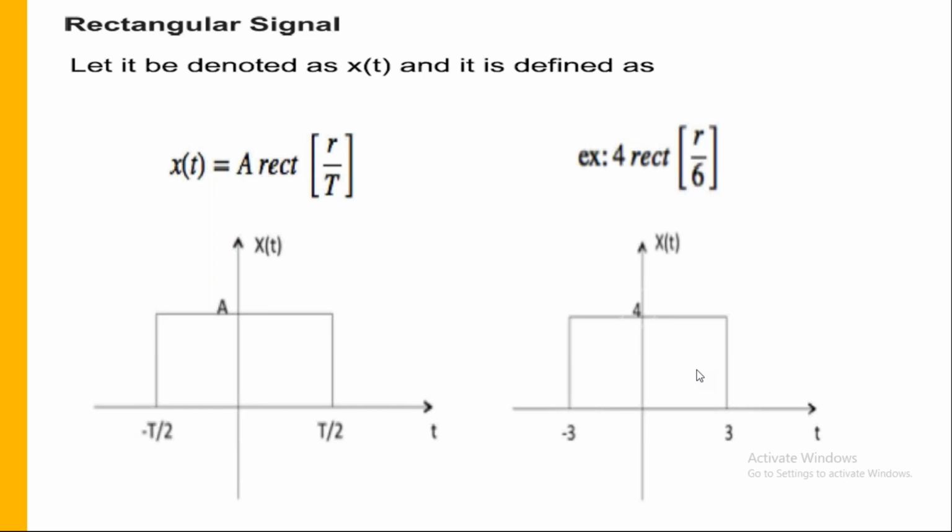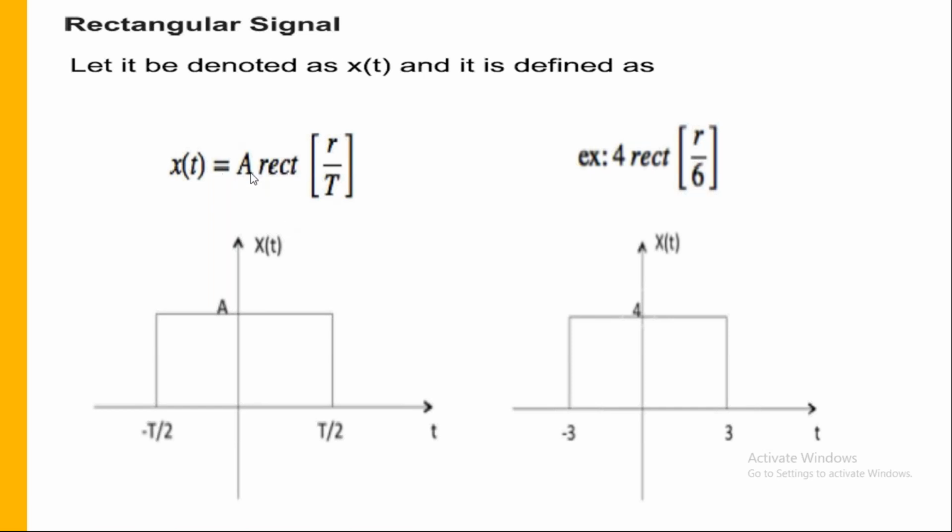Now see, we can define this rectangular signal as follows. There is no standard notation for representing the rectangular signal. Generally, it can be denoted with any variable as a function of time, and it can be defined as x of t equal to A rect of t by T, or sometimes you can write it as A rect of small t by capital T also.